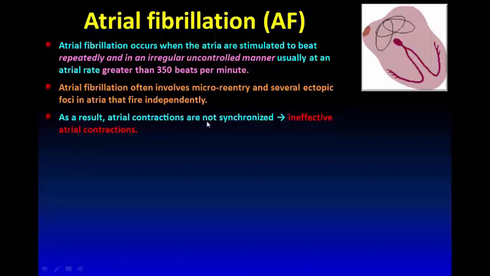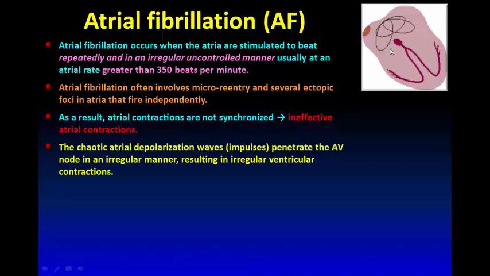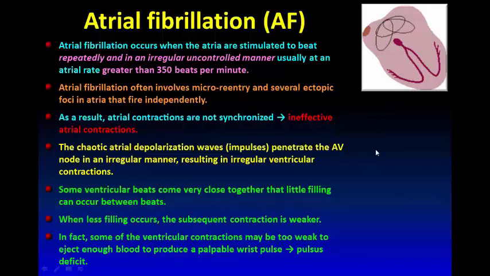Atrial contraction will not be synchronized, and this results in ineffective atrial contractions. The chaotic atrial depolarization waves penetrate the AV node in an irregular manner, resulting in irregular ventricular contractions. Sometimes some of the ventricular beats come so close together that little filling can occur between the beats.